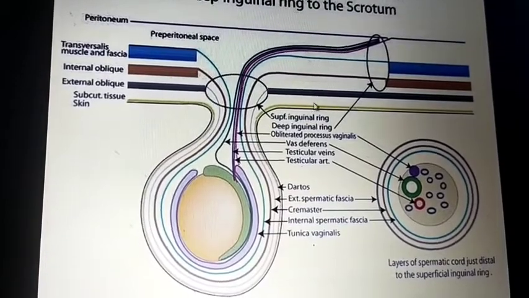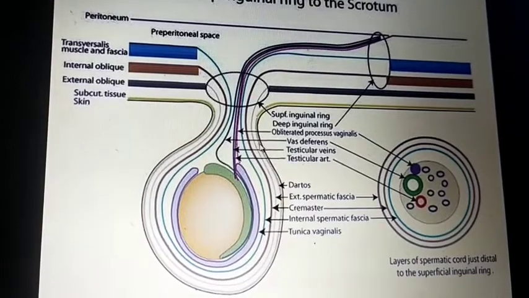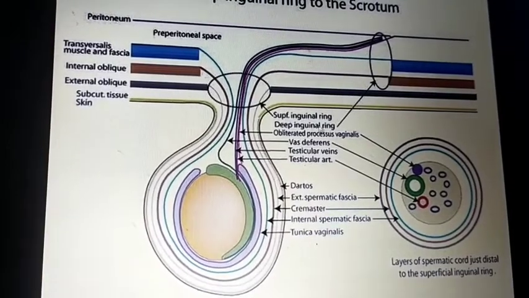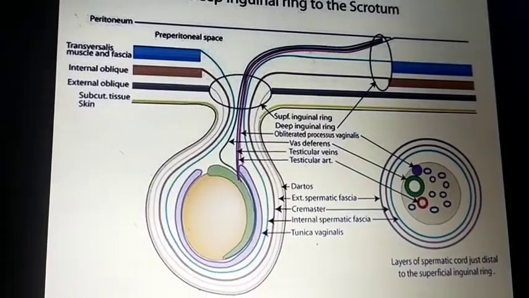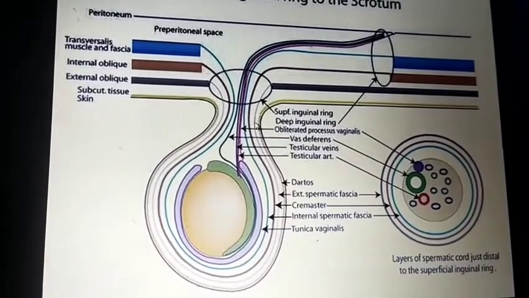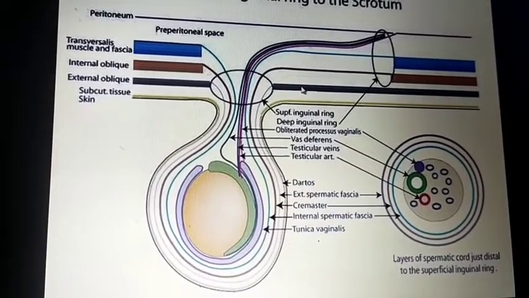Skin, outer skin, superficial fascia and deep fascia form the dartos muscle and its fascia, and the external spermatic fascia is formed by the external oblique muscle or aponeurosis.